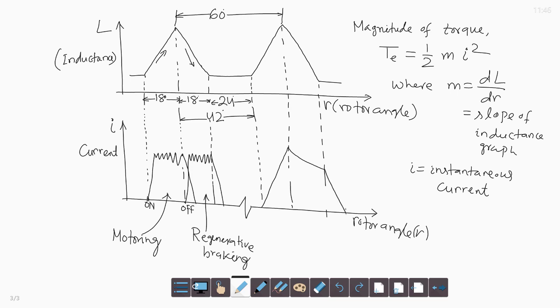So, when the speed is high, at this point when the alignment starts, the switch is on, so the current is increasing, and just after the alignment occurs, the current is reduced, and at this point the switch is off.